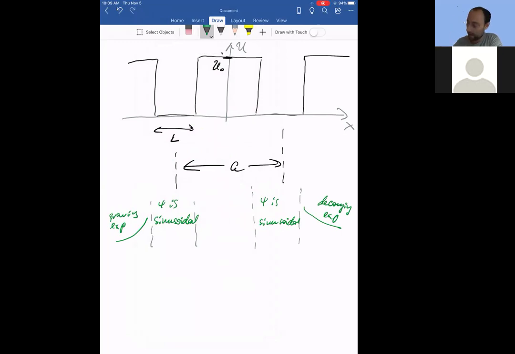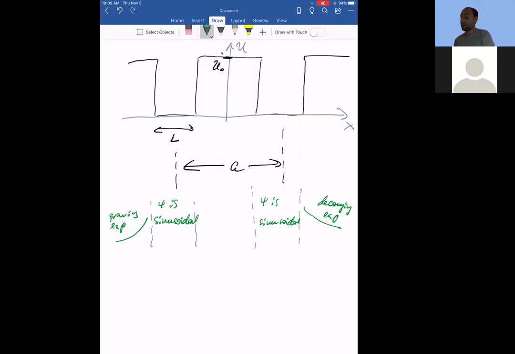Because remember, we eliminated the decaying exponential on the left because it has infinite area underneath it, since you go from minus infinity to that position, and that's an infinite amount of space.